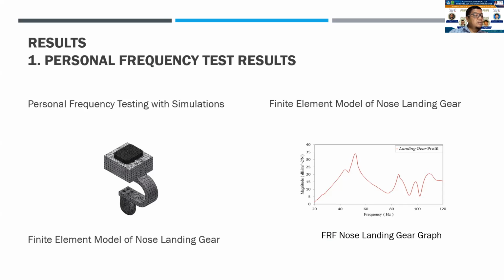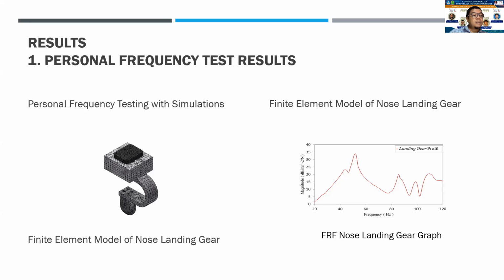See the lowest mode simulation result on the nose landing gear, in the form of the U-profile, where the first natural frequency of the system occurs at 47 Hz. The value of the first frequency in the simulation is then used as a parameter for testing the natural frequency experimentally.